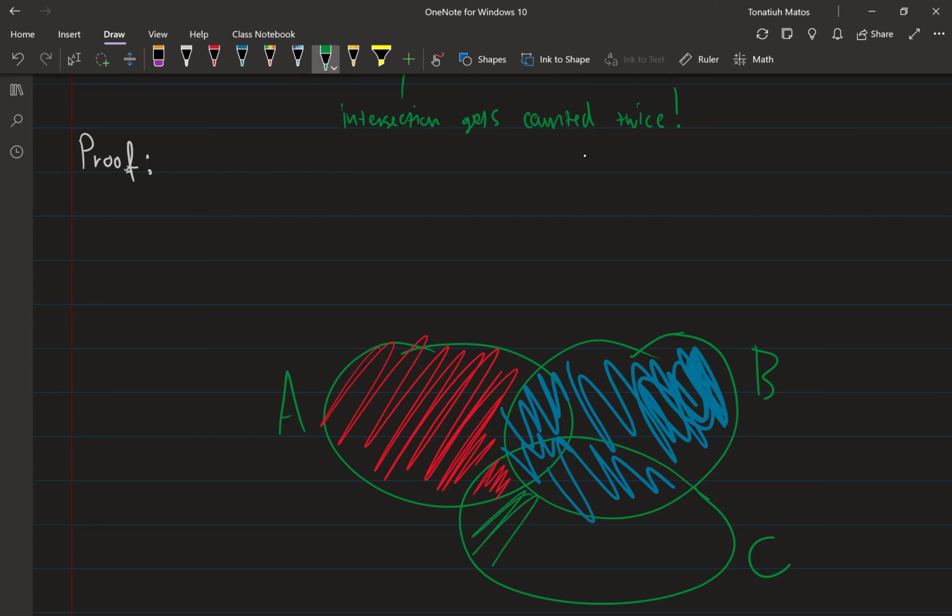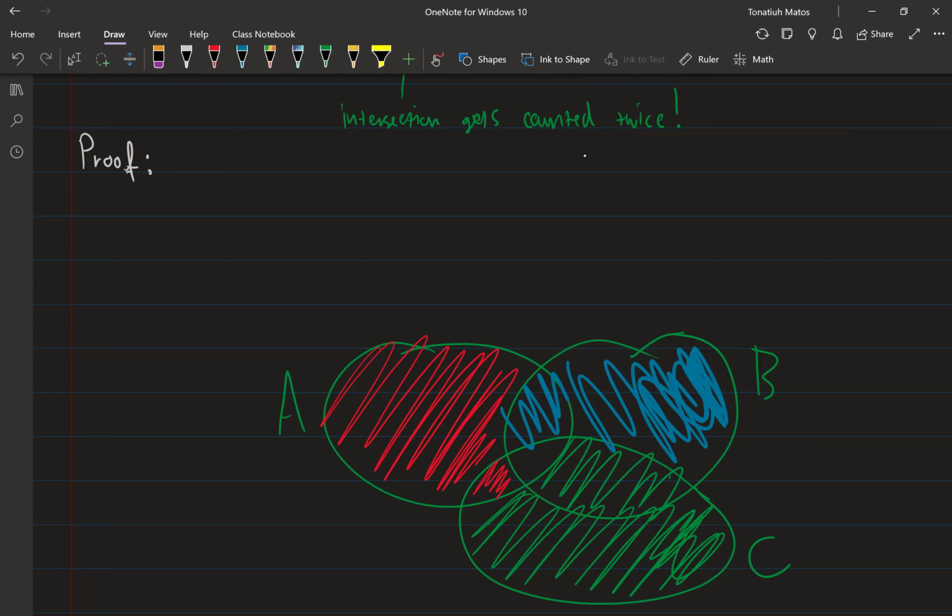For the final step, I am counting everything that is in C, and I remove the intersection between B and C, and I also remove the intersection between A and C. And notice that there is a gap because the very center, I removed it. So now, instead of removing it, I need to add it back.